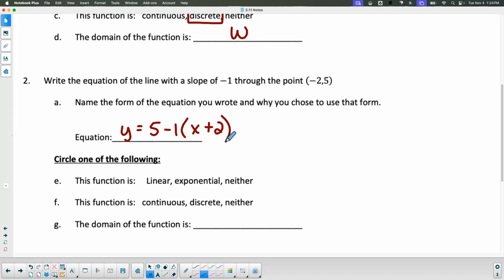Okay. What type of function is that? It's linear. Is it continuous, discrete, or neither? It's continuous because it's an equation, yep.